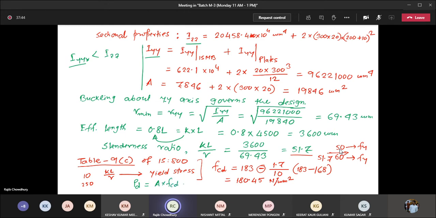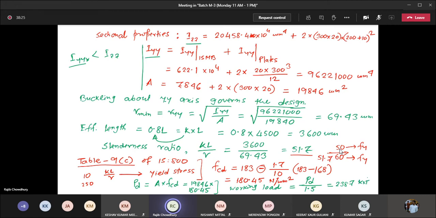So the effective area is 19846 multiplied by 180.45. It would be in Newton or kilonewton. After this design load, we are calculating the working load. Working load would be PD, the design force, divided by the load factor 1.5, which becomes 2387 kilonewton.